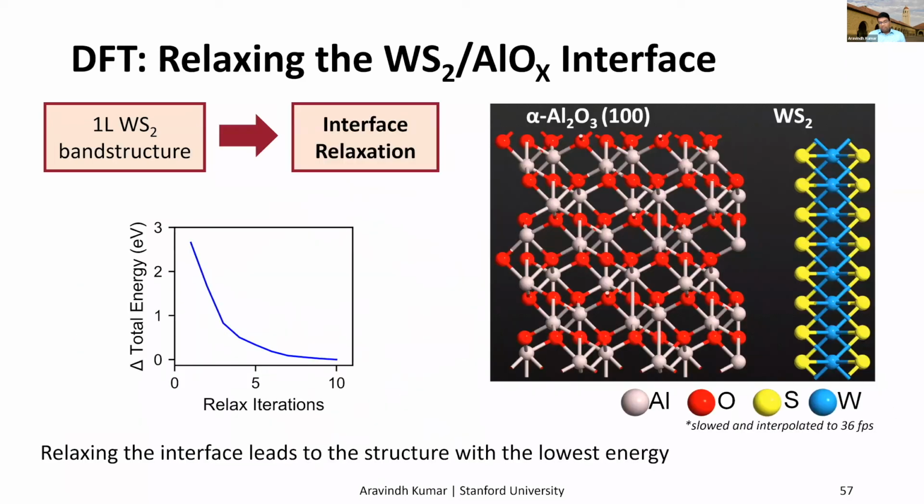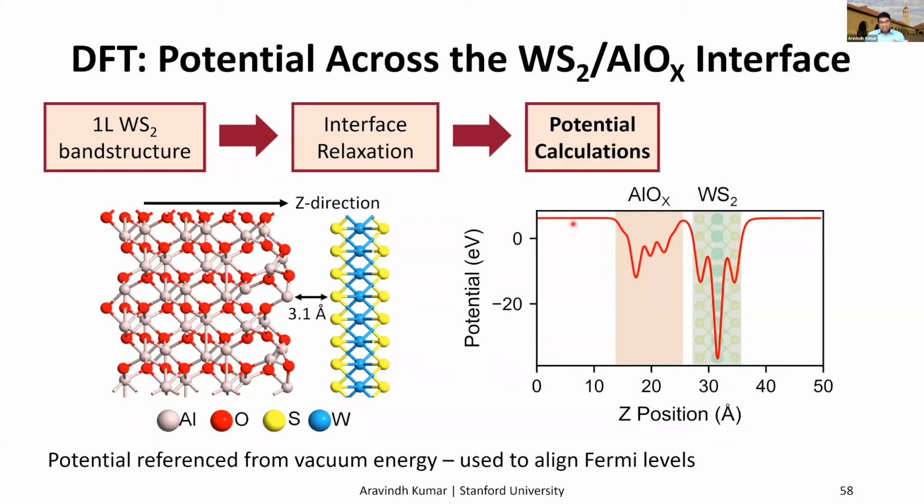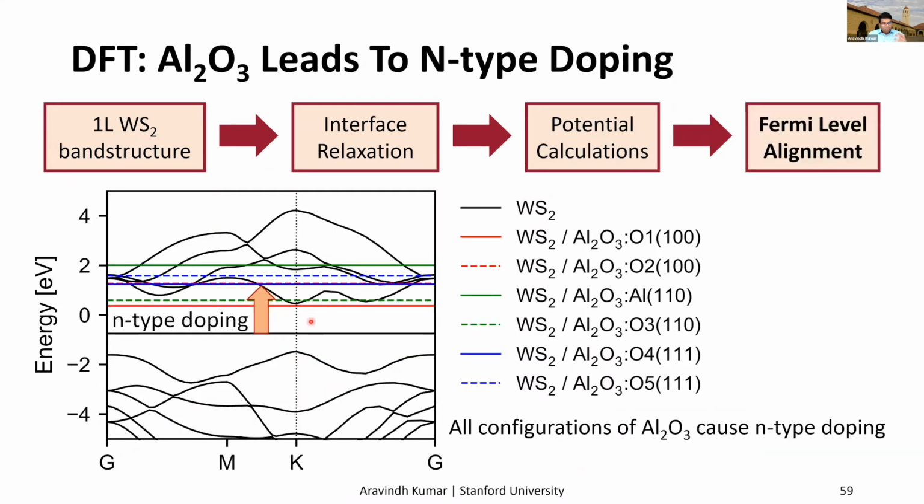Next, we take this monolayer WS2 and the aluminum oxide layer, put them together and relax them to get the lowest energy configuration. And then we can plot the potential profile through the interface, and this lets us align the undoped and the doped WS2 to get the Fermi level difference. And that's what we are showing here.